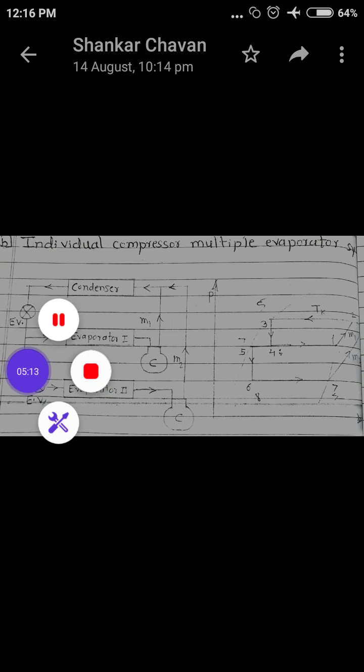So as this enthalpy difference increases, that means point 6 is shifted towards the saturation liquid line, the refrigeration effect increases, and as the cooling effect increases, we can get a higher coefficient of performance.